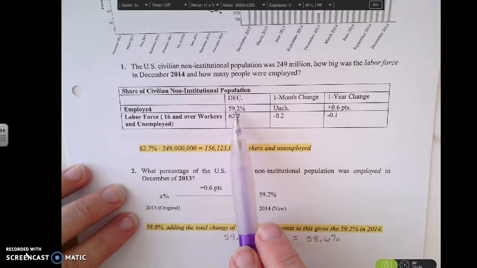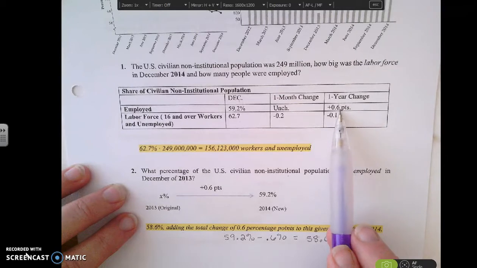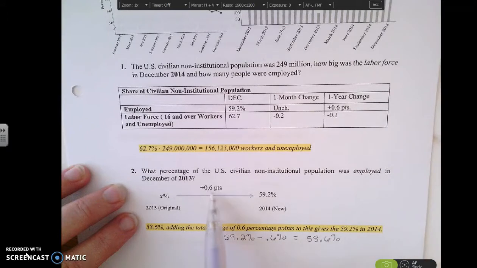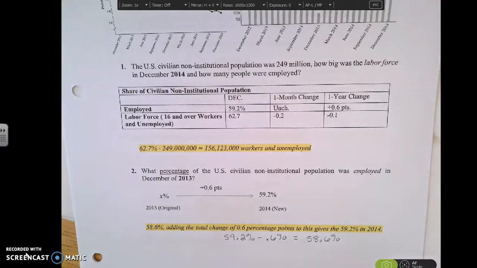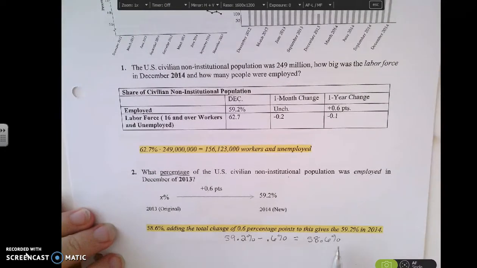If 2014 was 59.2, and there was a positive 0.6 point change in the one year, then in 2013 there would have been 58.6% of people employed. So I could use that if I needed to.